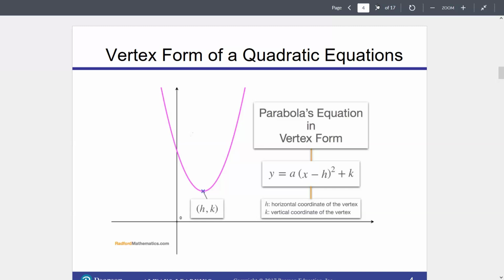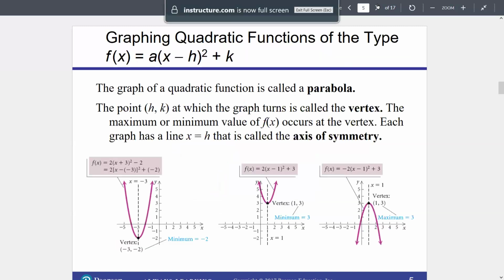So this is more officially altogether. The graph of a quadratic function is always called a parabola. The point (h, k) at which the graph turns is called its vertex. The minimum or maximum value of f of x occurs at the vertex. Each graph has a line x equals h, which we call the axis of symmetry.